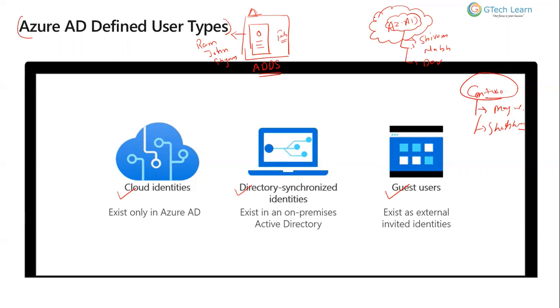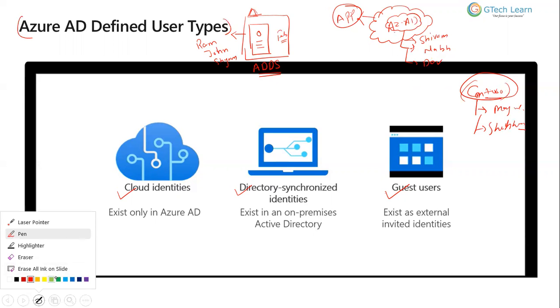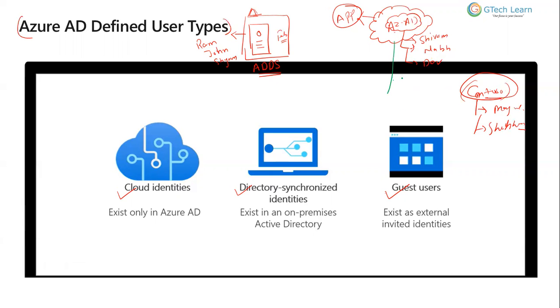Now in my Azure, I have a few applications available, and we want to give that app access to the users from the Contoso environment. So instead of creating these users again in my environment, I can invite those users from their tenant, and I can have user Mayank and user Shubham available here. So those users can use their existing credentials, mayank@contoso.com and shubham@contoso.com, in order to access this application.